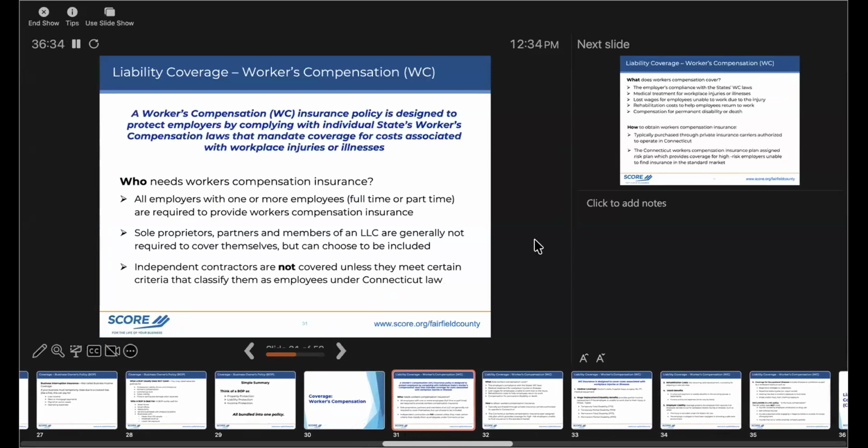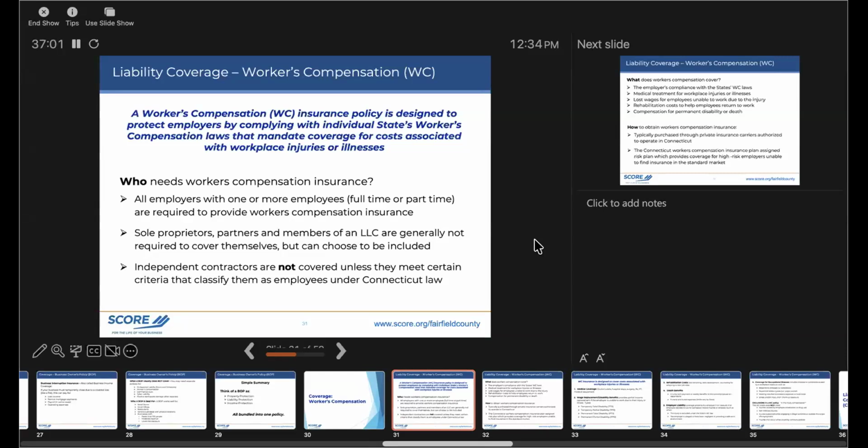Workers' compensation. Who needs it? If you are an employer with one or more employees, full or part-time, doesn't matter, you must provide workers' compensation insurance. And a little quiz I used to give my students when I was training them, I'd say, who does a workers' compensation policy cover? And they'd all say, oh, the employees when they get hurt.